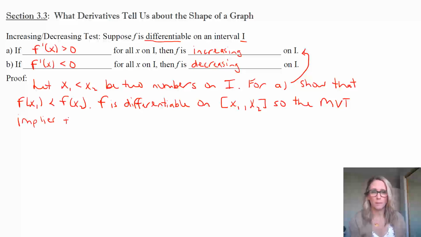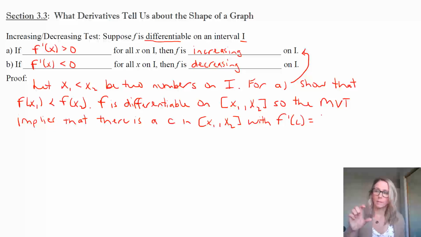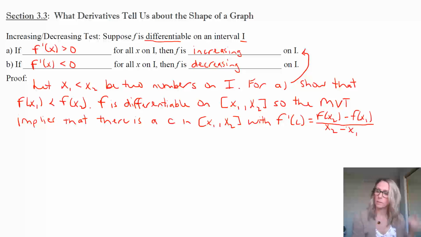It implies that there is a c, some number in that interval x1, x2, with f prime of c equaling the slope of that secant line, so f of x2 minus f of x1 over x2 minus x1. So again, that's the mean value theorem coming into play here.